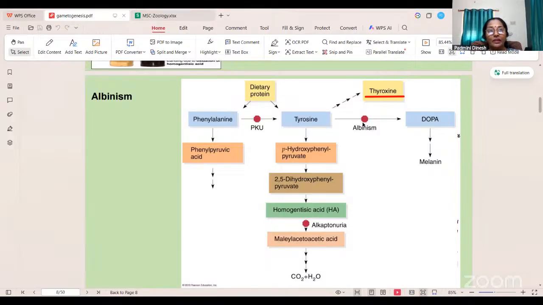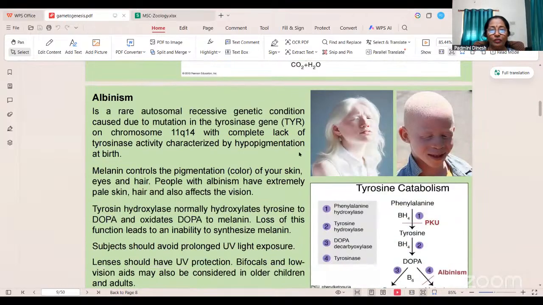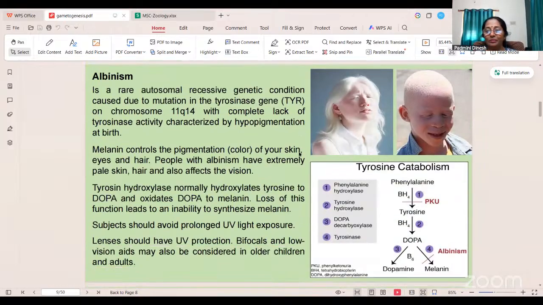You must also have seen rats that are white in color, albino rats and those types of mice. In the same way, because melanin is not produced in the skin, these people are affected with albinism. Now, this is the picture of people with albinism. This is also an autosomal recessive genetic disorder, caused due to mutation of the tyrosinase gene.